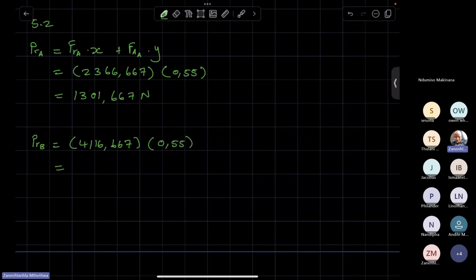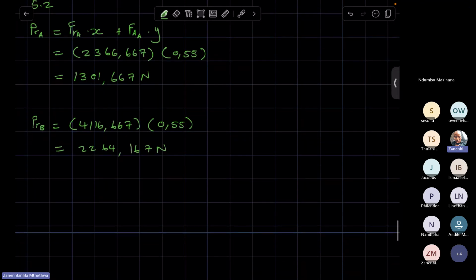So 4116.667 times 0.55 is 2264.167 newtons. And that's how you would calculate the dynamic equivalent load for each bearing.